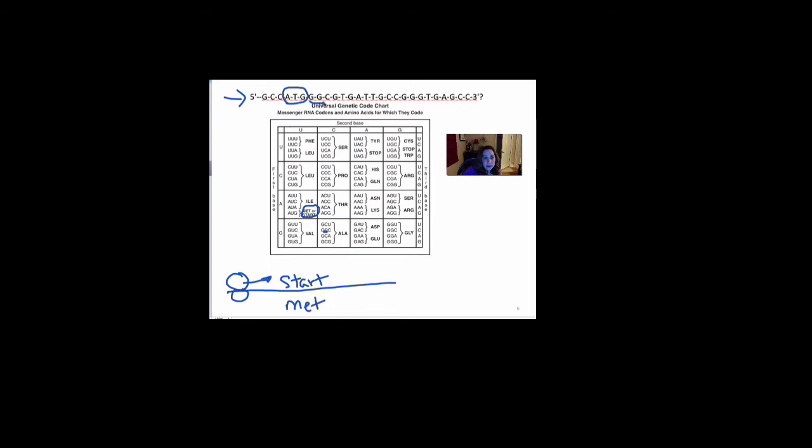The next triplet codon, GGC. So we come over here, GGC, I see it right here, is a glycine. The next one, GTG, we go GUG, it's a valine. We have ATT as our next one, so AUU is an isoleucine.